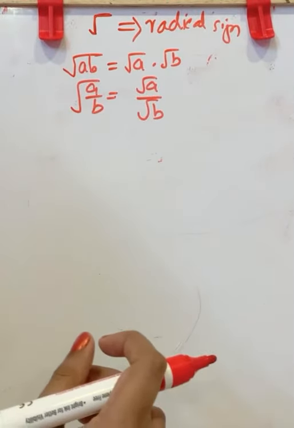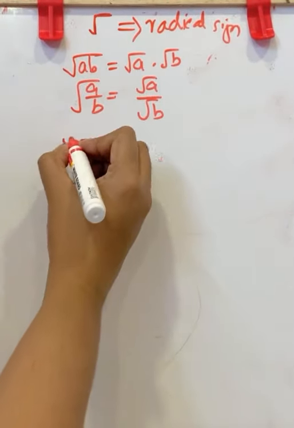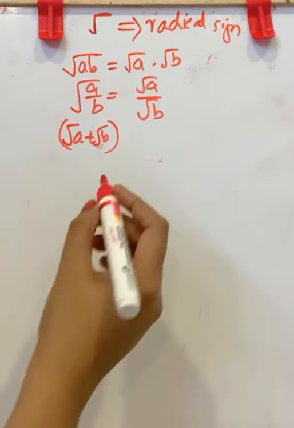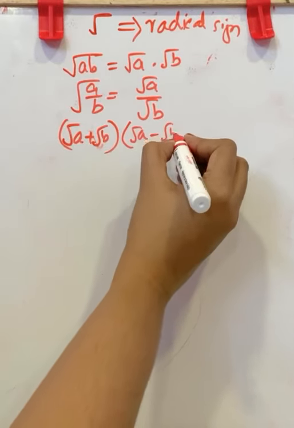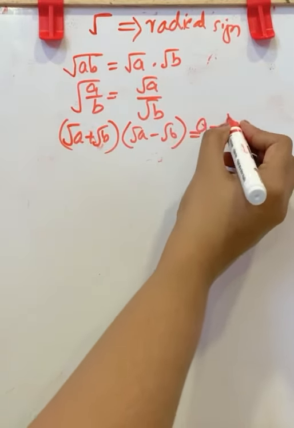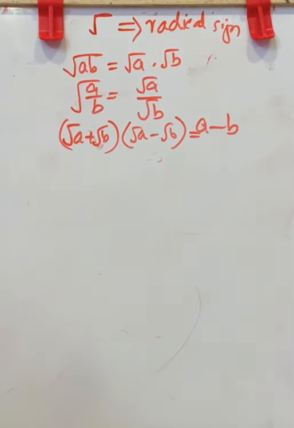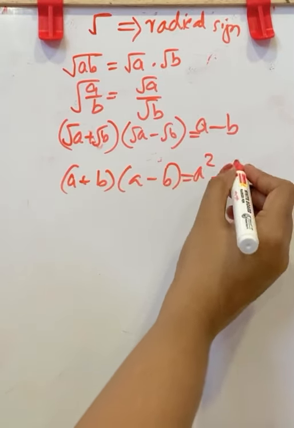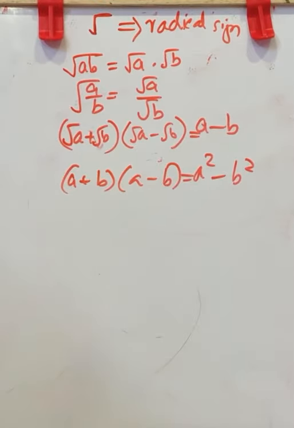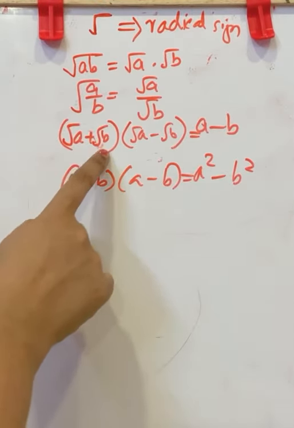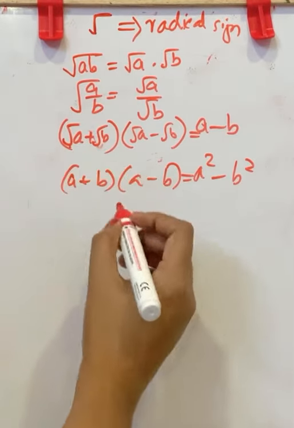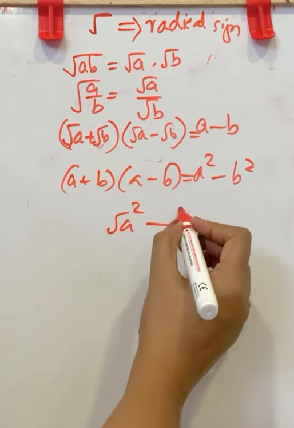Now the third identity is, root A plus root B inside the bracket into root A minus root B is equal to A minus B. Do you know why? Because we know an identity, that is A plus B into A minus B is equal to A square minus B square, right? Here if it is root A and this is root B, we'll get root A square minus root B square.